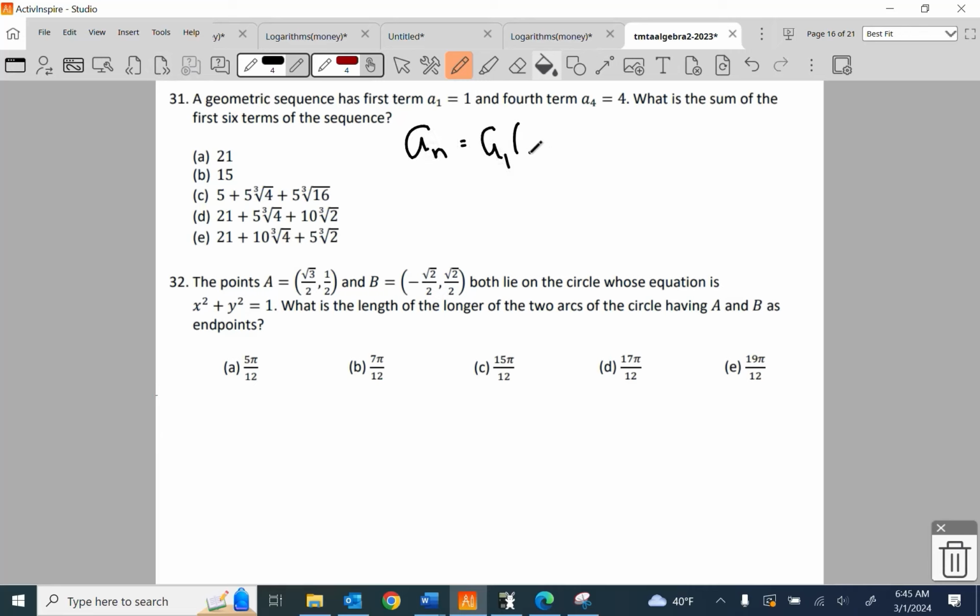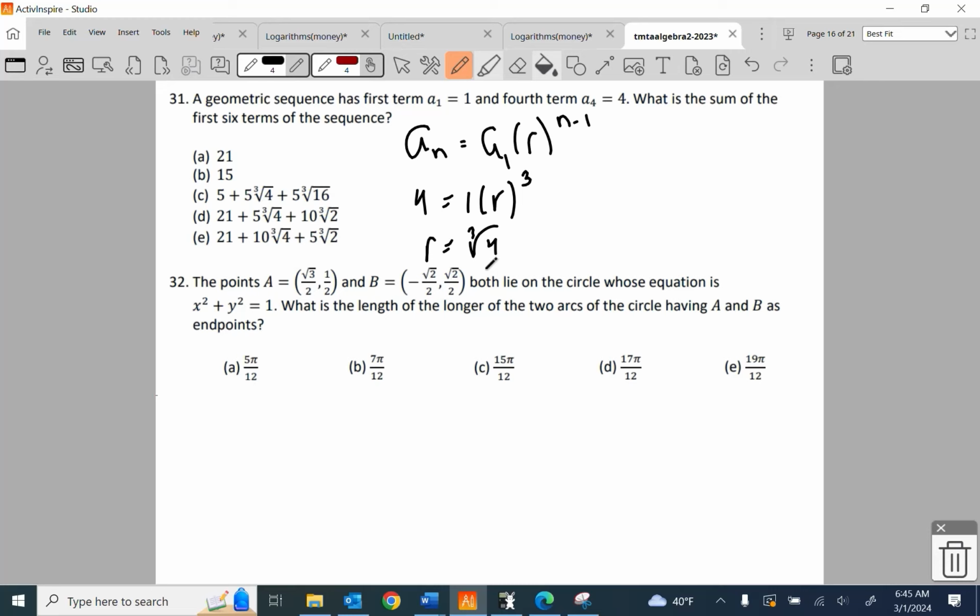The nth term is a sub 1 times r to the n minus 1. I know a sub 4 is 4. It must equal the first term, 1, times the ratio r cubed. So r is simply the cube root of 4.